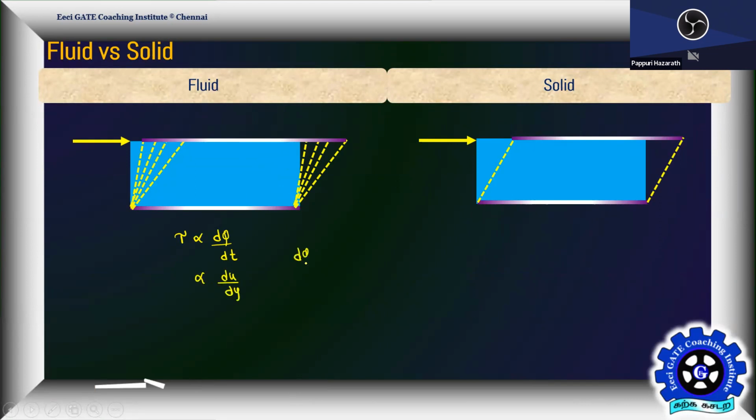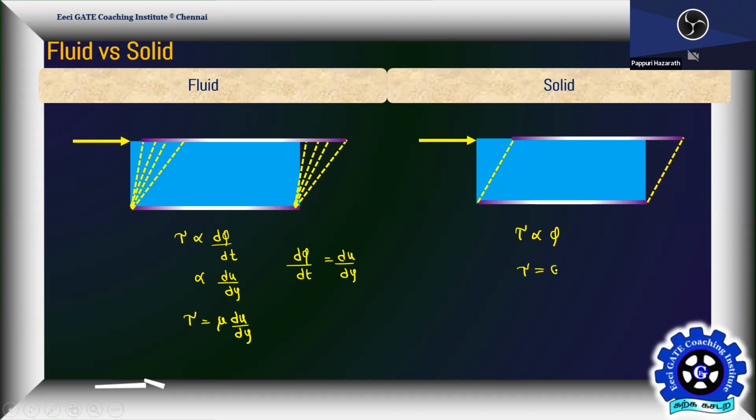That part we can prove in the viscosity chapter of the fluid mechanics course. Rate of shear strain equals velocity gradient. Finally, tau equals mu into du by dy. But in case of solids, shear stress is directly proportional to shear strain. Why? Because instant deformation, instant shear strain.